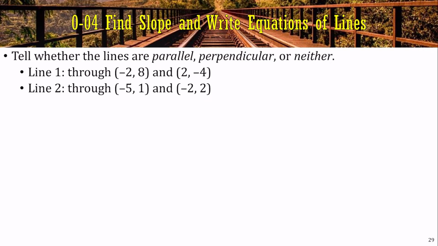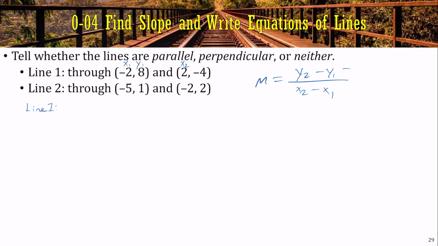All right, here are two lines. Let's determine whether they're parallel, perpendicular, or neither. So how shall we do that? Well, we could find the slope. Slope is y2 minus y1 over x2 minus x1. So let's take line 1. I'm going to call this x1, y1.